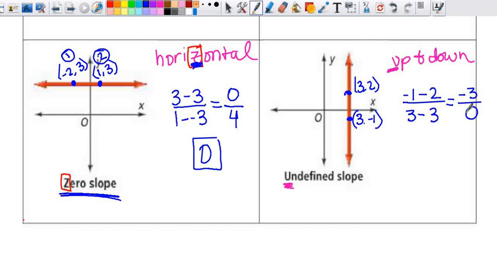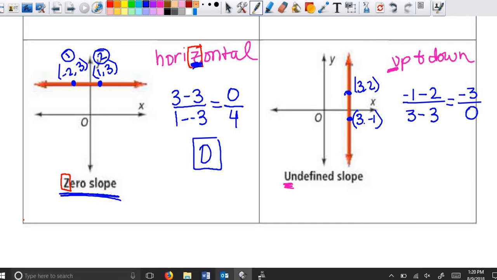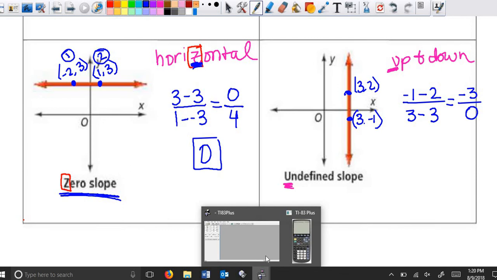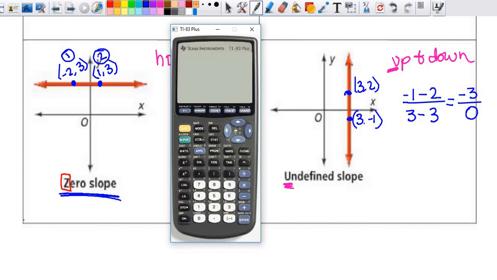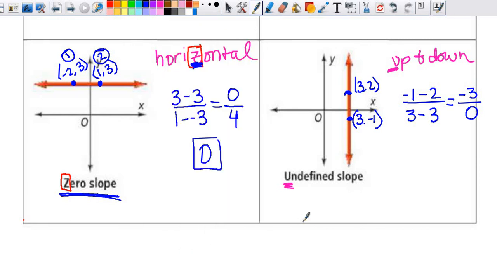If you type this into your calculator, you will get an error. Let's go ahead and try that. Oops. -3 divided by 0 is an error. That is fine to get on your calculator because that should tell you right there that you have an undefined slope. You cannot divide by 0.